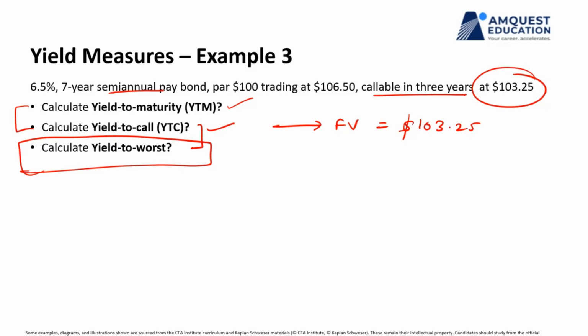Semi-annual pay bond, 7-year, coupon rate, par, trading at... YTM should be easy peasy. Sir, YTM is 2.89? Yes, you will have to obviously multiply that by 2, because you're doing semi-annual, right?